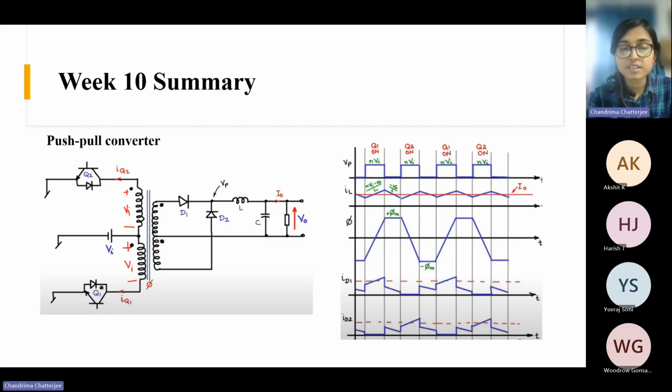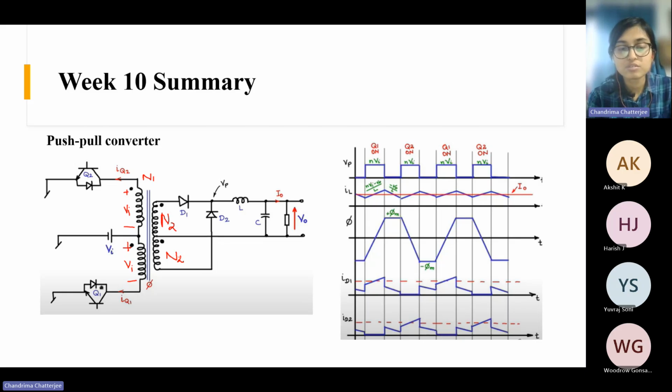And for the center tap winding, suppose this is N1 in the primary, and here suppose this is N2. So both of them are N2 and N2. So based on this turns ratio, you will get some voltage, Vi multiplied by N2 by N1.